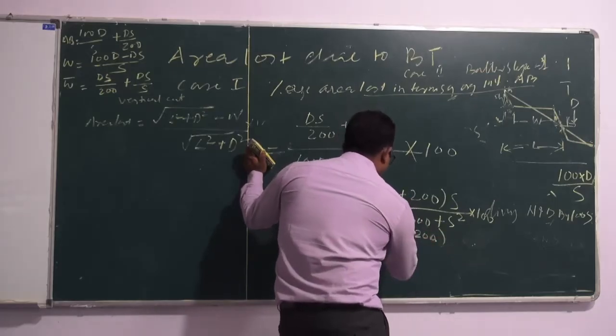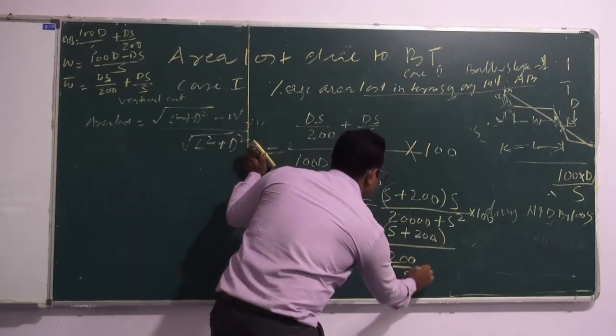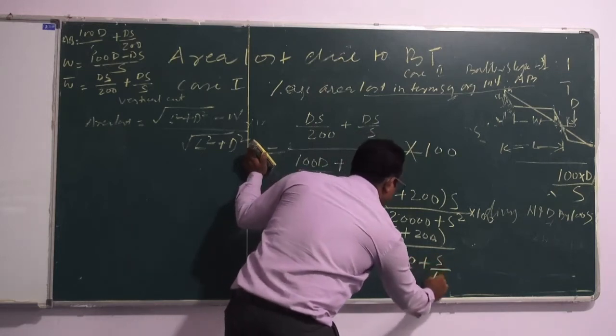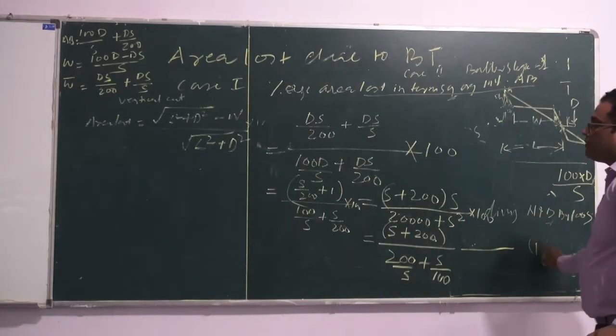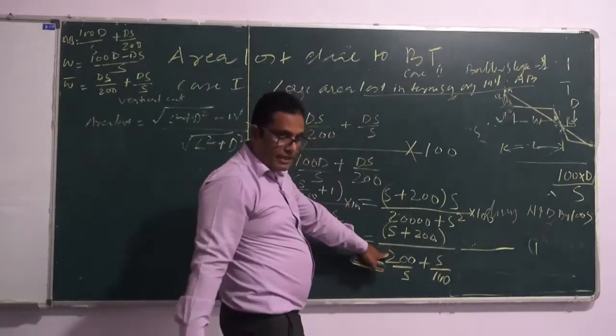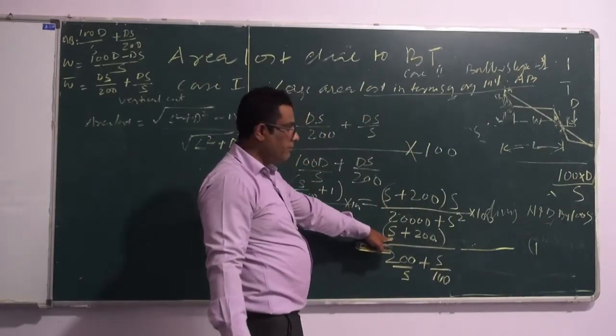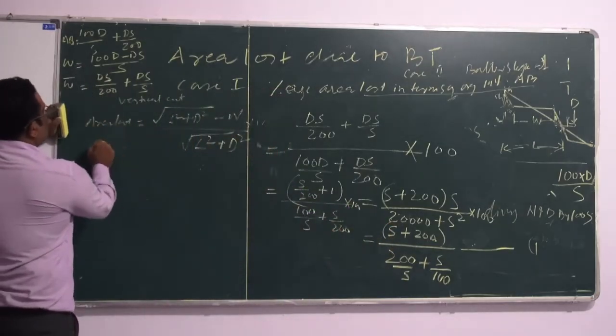That's by 200 divided by 200 by S plus S by... This is the equation for area loss in terms of percentage when the better slope is half is to 1.